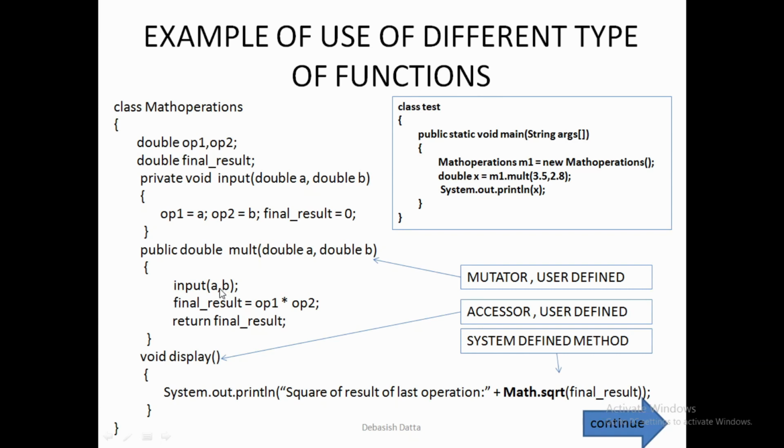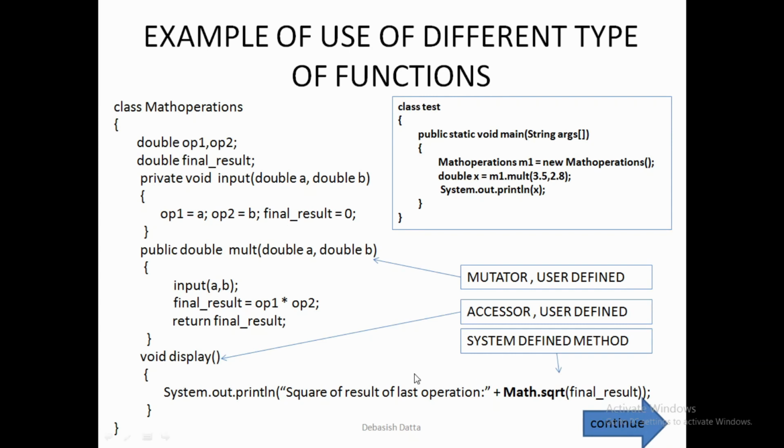So using this input method, we are actually assigning some values which are passed into mult in the form of a and b. Those values are passed into the input method, and the input method does the initialization of op1 and op2, and also assigns a 0 value to the final result member variable.